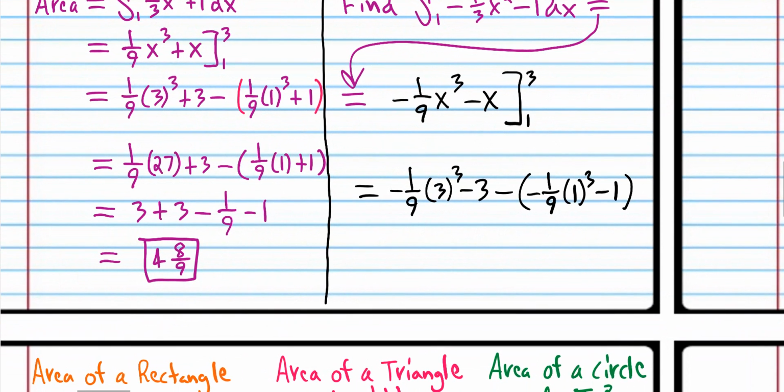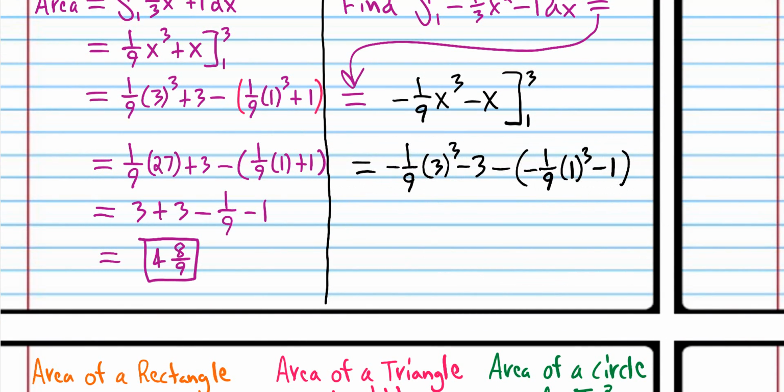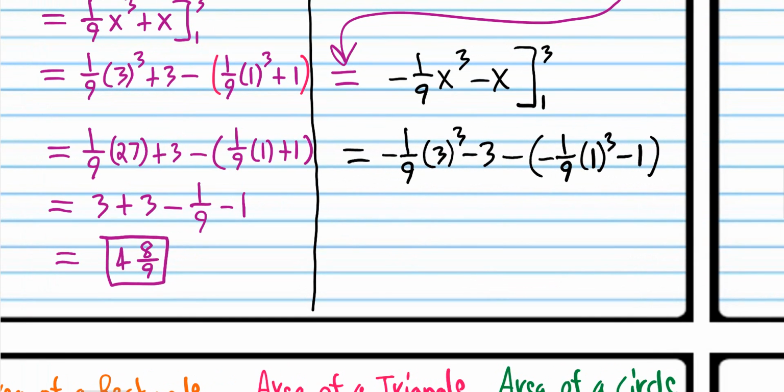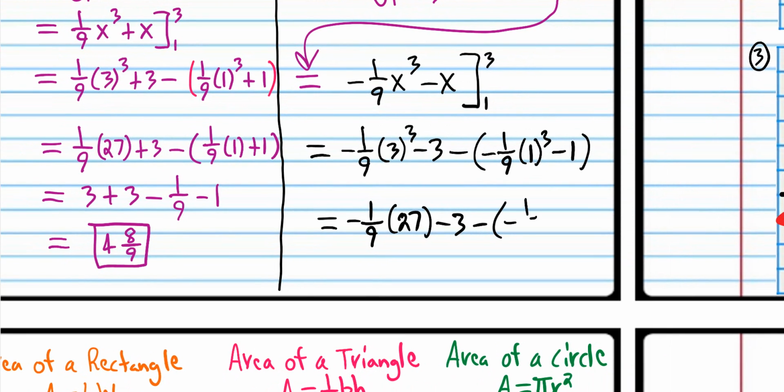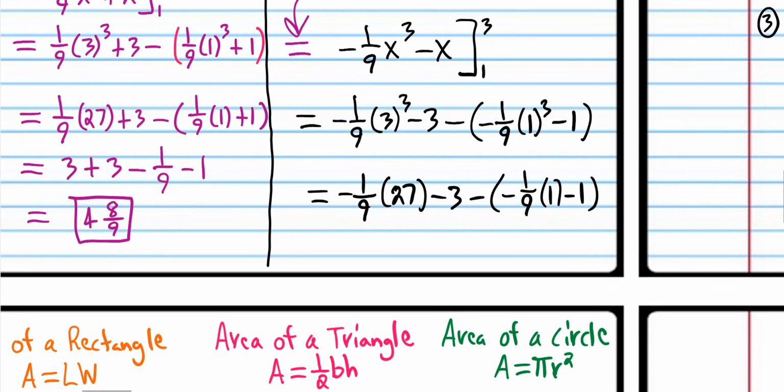And so if we do the math, we get -1/9 times 27 minus 3 minus -1/9 times 1 minus 1, and so on and so forth.